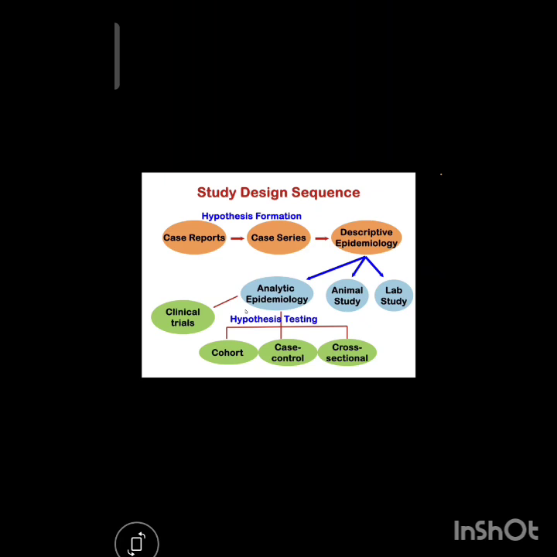And once you have proven it, you generate a hypothesis based on this. You cannot conclude based on case reports, case series, or descriptive epidemiological studies or analytical epidemiological studies. It has to be converted into a hypothesis based on your experience from these, and then you conduct hypothesis-proving studies, which could be clinical trials or maybe case control or cohort studies.